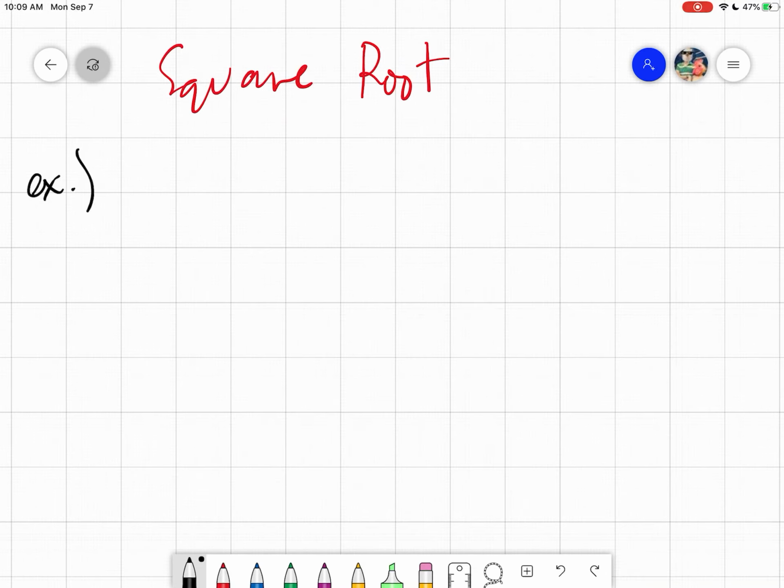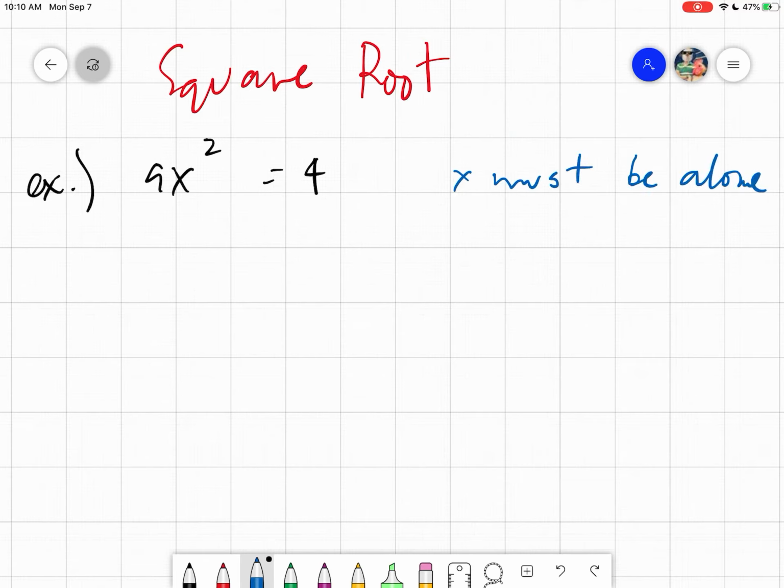For example, we have 9x squared is equal to 4. Again, for us to solve for x, you must be reminded that x must be alone, meaning x must not have anything beside it, may it be an exponent.